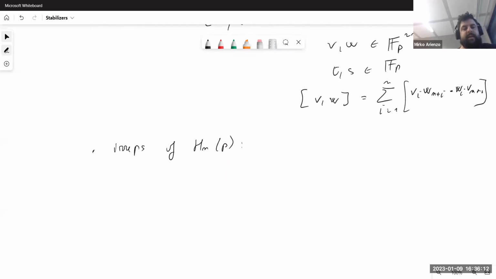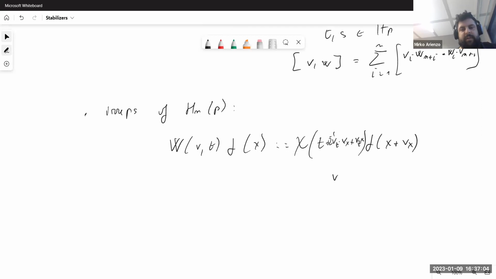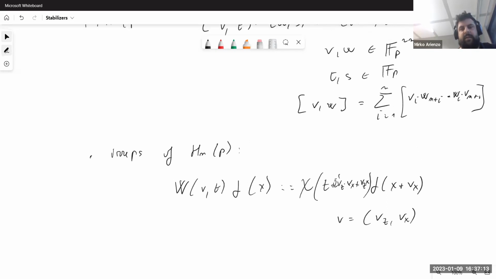And in particular, these are operators W of (v, t) that, when acting on some function f of x, are defined as follows: we have f of x plus v_x, and then there is a character chi of t plus 2 to the minus 1 v_z v_x plus v_z x, where we are just using the decomposition of v as (v_z, v_x), since this v is an element of phase space.